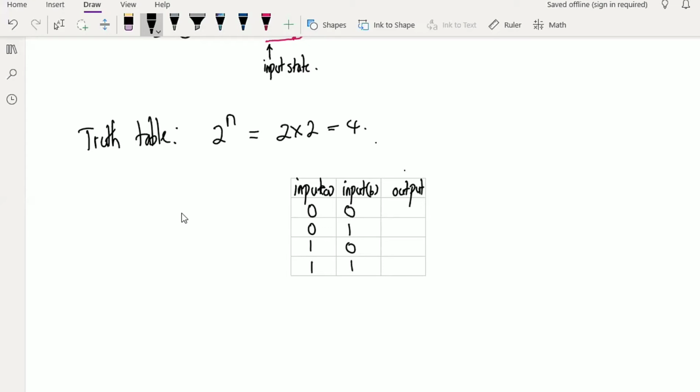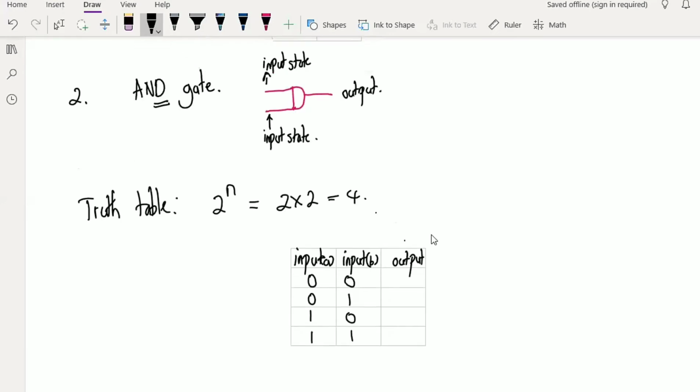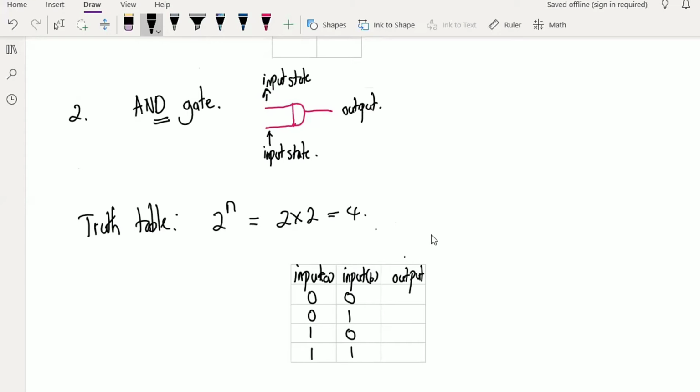What we're doing here is that we're going to evaluate these 2 inputs to see what the output will be. To know that, we have to understand that an AND gate will only output a 1 if both input states are also 1. In other words, if both input states are at a high voltage state, then the output is also going to be at a high voltage state.